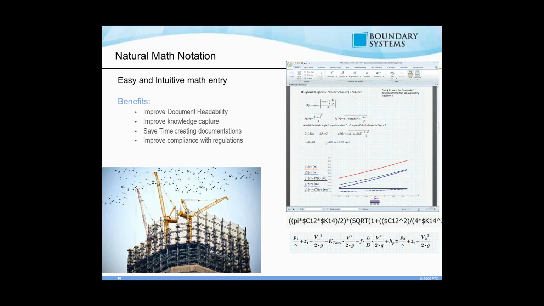Well, in Mathcad, because of the natural math notation, it dramatically improves your document readability, which therefore improves knowledge capture. If my coworker creates something, I can very quickly understand what they made, and hence I can either add to it or use it. I don't have to hope for the best or ditch theirs in order to recreate mine, right?